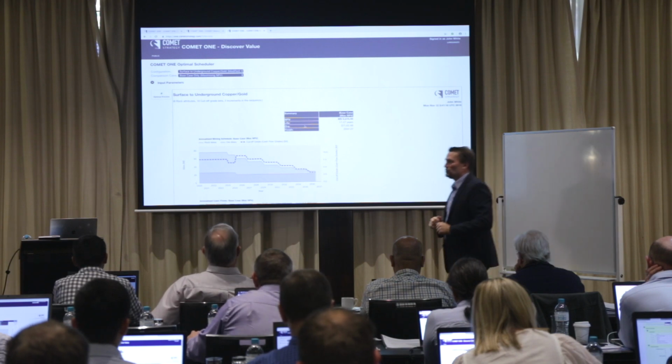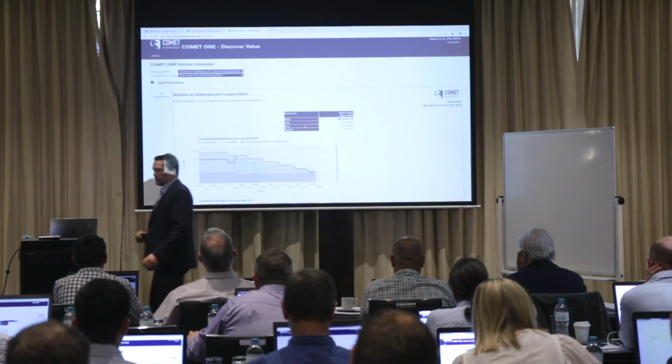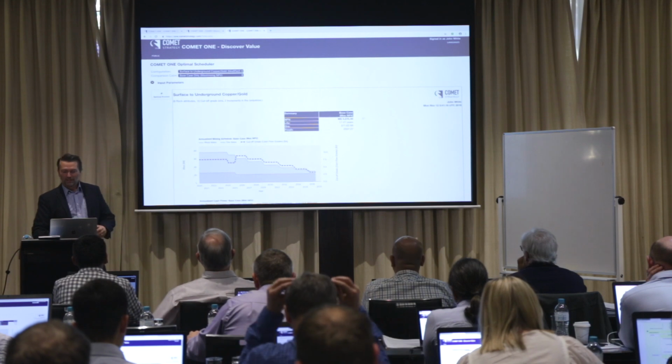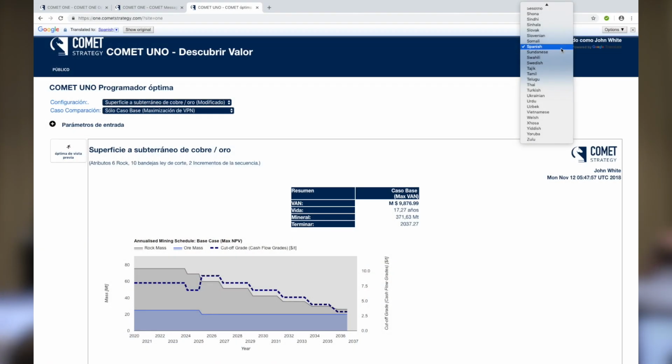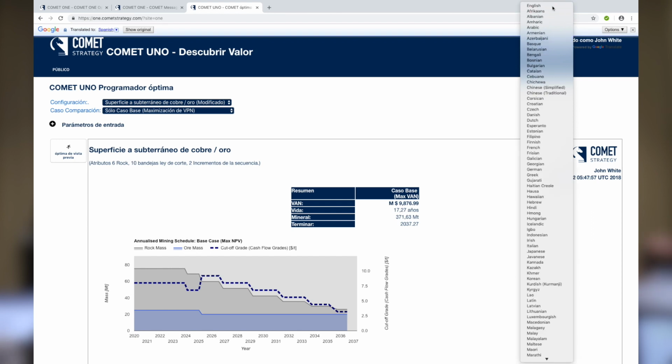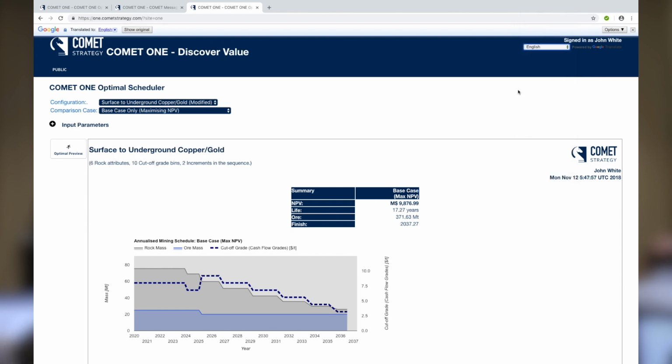If I give you a bird's eye view of the program for a start, it is all based on a website, so anyone can use it around the globe. For those of you that prefer Spanish or something else, all of Google's 100-something languages are here.